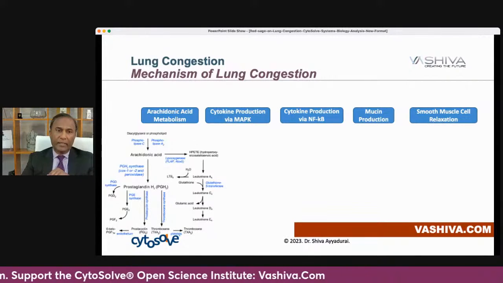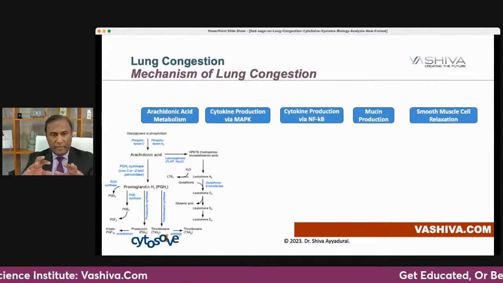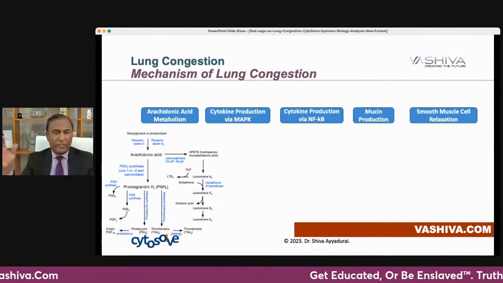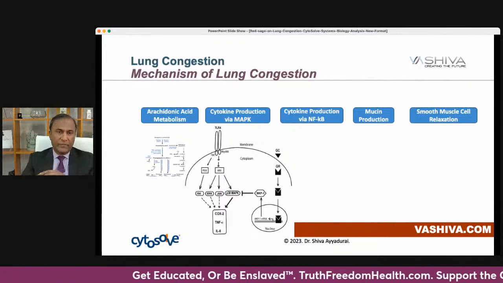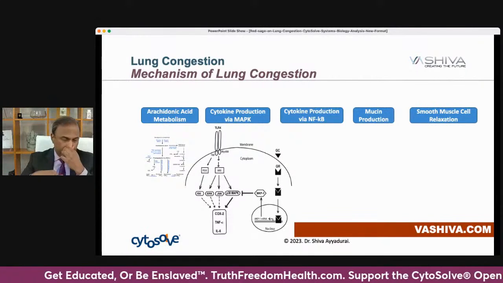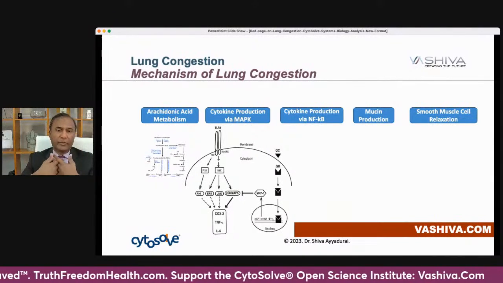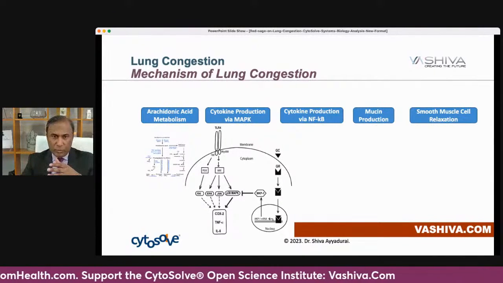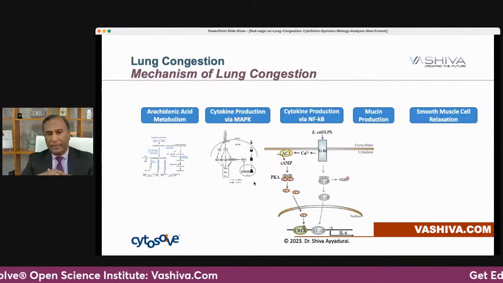So arachidonic metabolism, again, you see that it involves a chemical called arachidonic acid, which affects many other reactions. Your body is just one big chemical factory. Another one is cytokine production via MAPK. As you may have heard, the cytokine storm. So cytokines here get produced via MAPK. That's one mechanism. The other is cytokine production via NF-kappa beta.